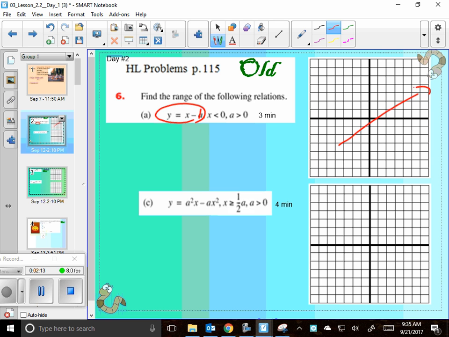And you remember doing this? We graph that, and then we say, well, couldn't a have been other things? Yeah, a could have been 2 or 3 or 4, and then I would have made it negative 2 and negative 3 and negative 4. And then we said, though, that you can't do the domain or range of that because x has been defined here. X has got to be less than 0. So I would have normally said the domain on this was negative infinity to positive infinity.